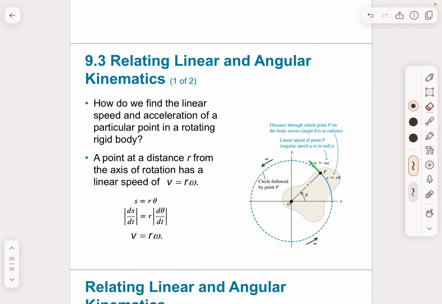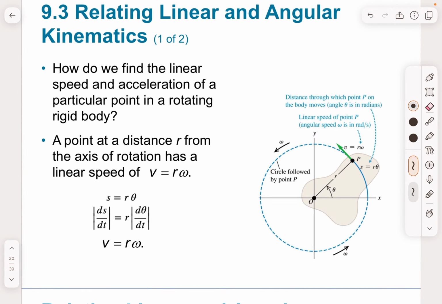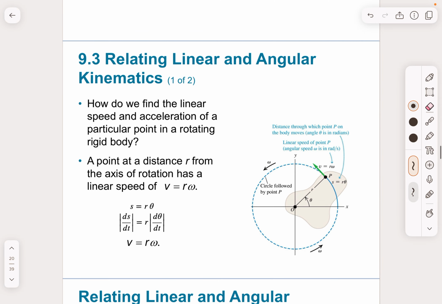So now let's get to the part of the story where we actually do connect back to linear motion, okay? We're going to connect them together. So now I want you to think of this object, a rotating object, all right? In this case, we have a rotating blob. It doesn't matter what it is, it's a blob, okay? It looks like this.